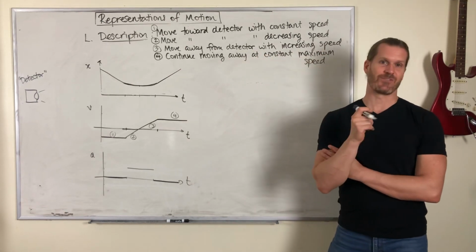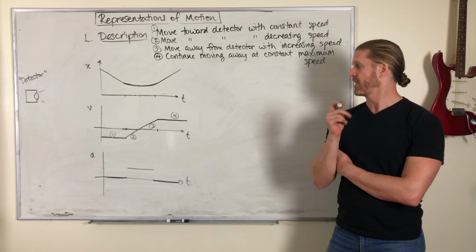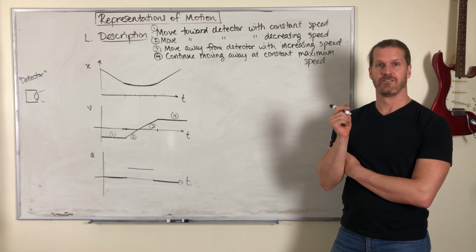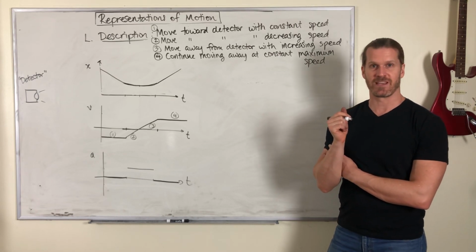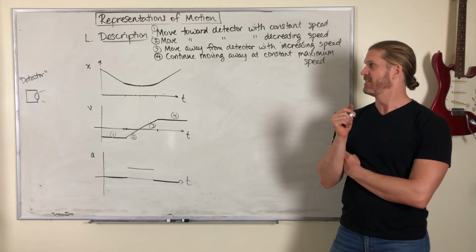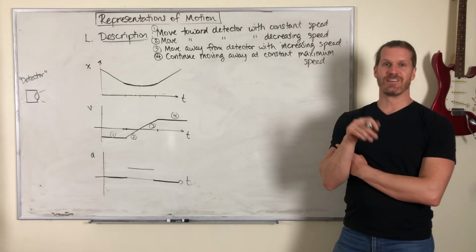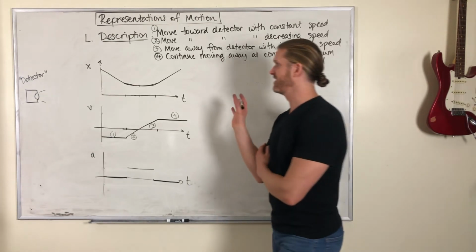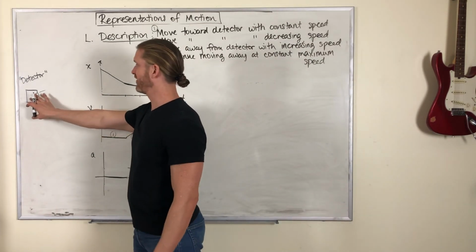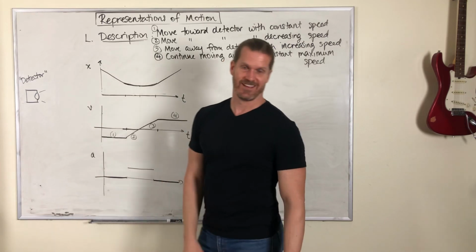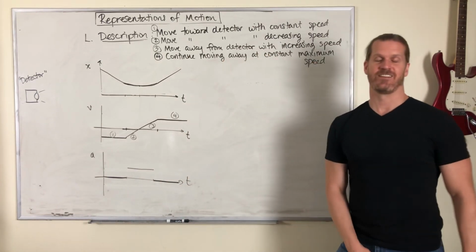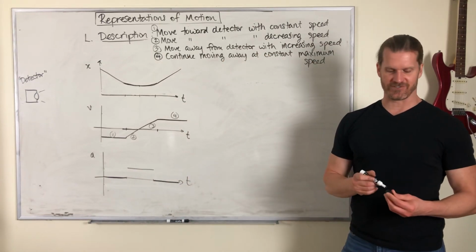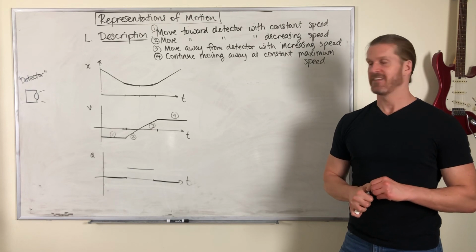Okay, so we made it through this lab. These graphs are challenging to explain, and if we were meeting in person, another component of this would be to actually try to duplicate these motions with that motion sensor, and that's very physically challenging to do.